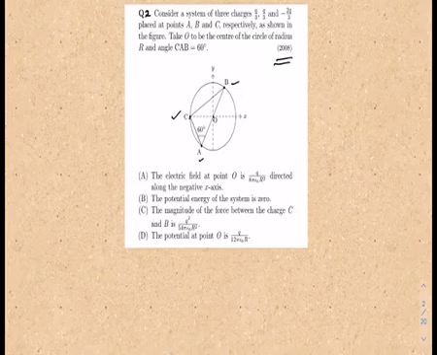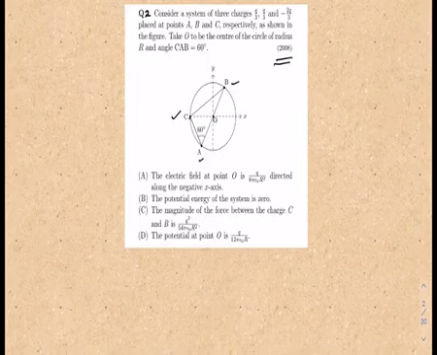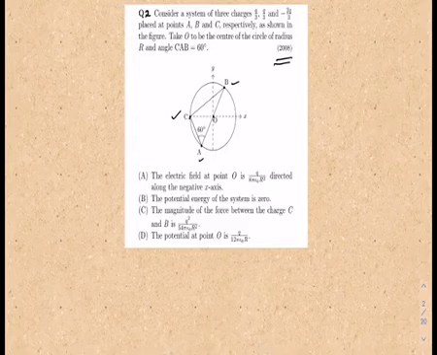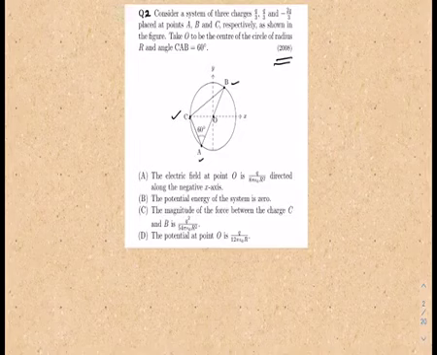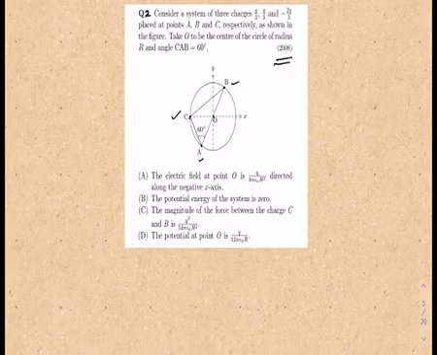Take O as the center of the circle of radius r, and the angle CAB is equal to 60 degrees. The four options are given. The electric field at point O is this much, directed along the negative x-axis, and the potential energy of the system is 0. So these four options are there.